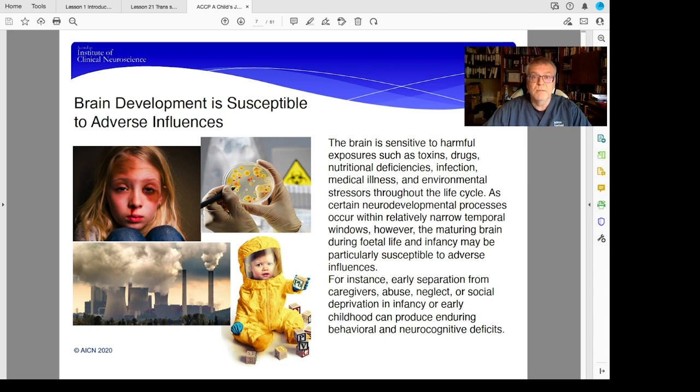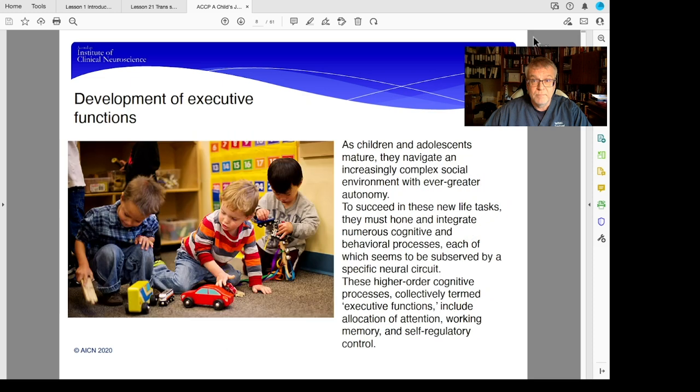So, for instance, early separation from caregivers, abuse, neglect, social deprivation in infancy or early childhood can result in enduring behavioral and neurocognitive deficits throughout the life of the child. So it's important that we address these issues early in life and try to correct them if we can.